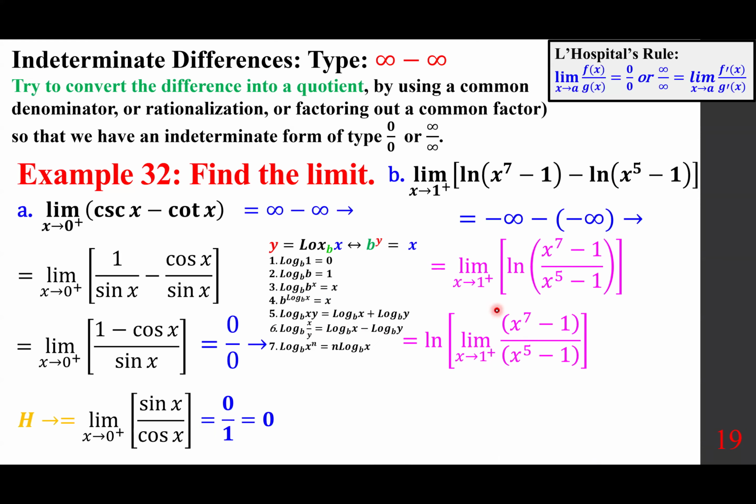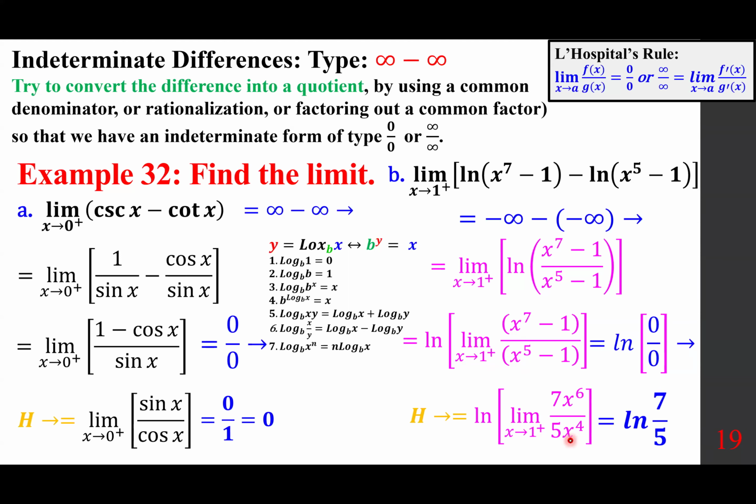And if you plug in 1, you get 0 over 0. Therefore, you can use L'Hopital's rule. So keep the ln and take the limit of now 7x to the power of 6 over 5x to the power of 4. If I plug in 1, this is 7, this is 5. So I get ln of 7 over 5, which is an exact answer, everybody.